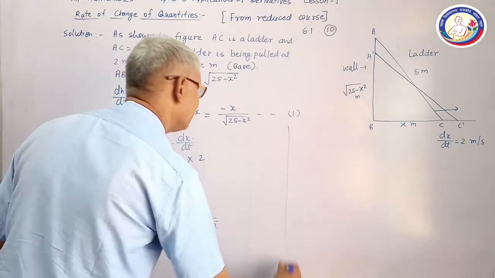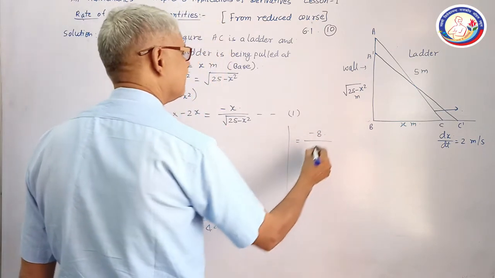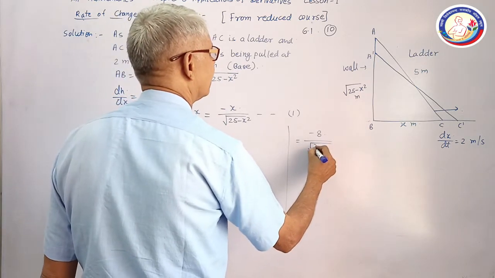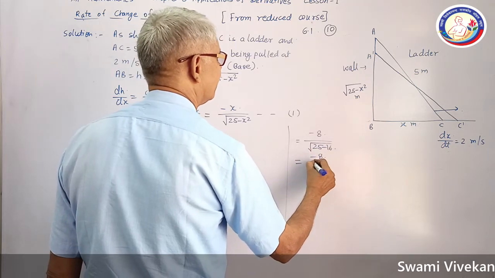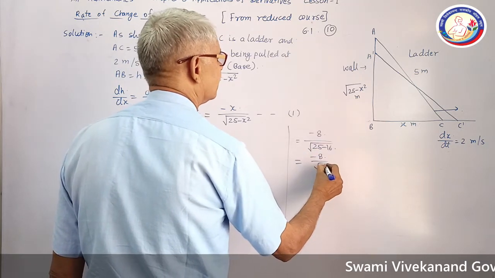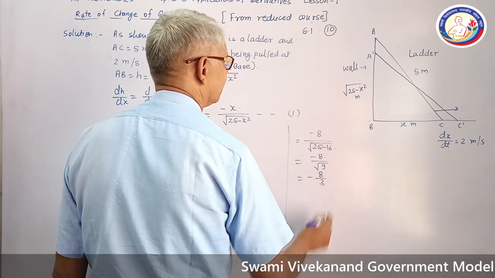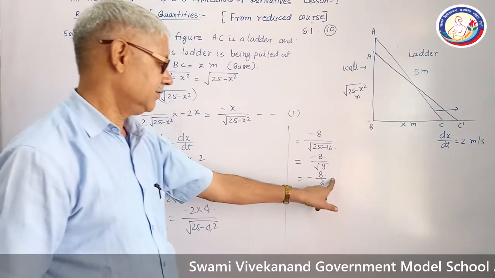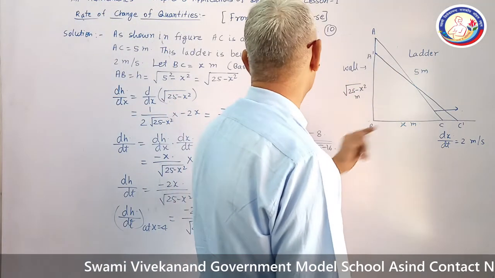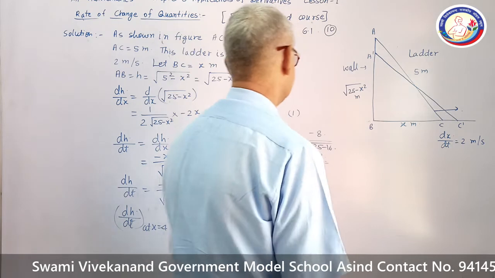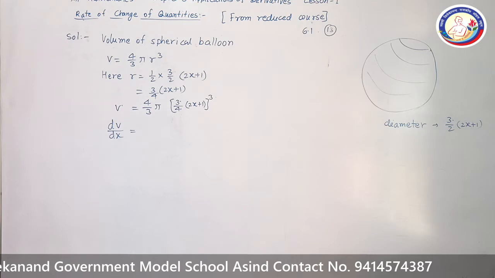On further solution, we will get minus 8 divided by square root of 25 minus 16, and it is minus 8 upon square root of 9. This is minus 8 upon 3, and I am taking only this. This is the rate of change in height. So the height will decrease. This minus sign shows height will decrease. Meters per second.